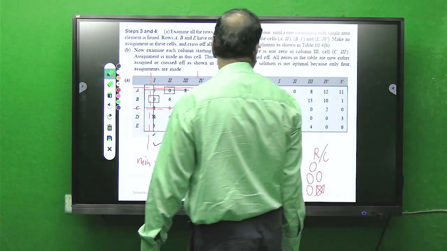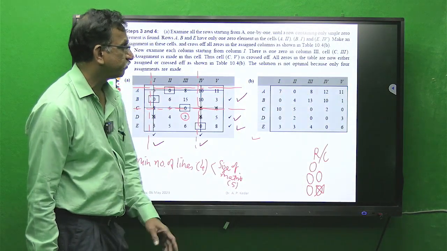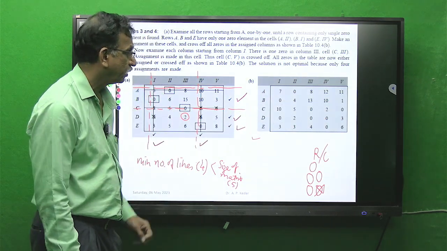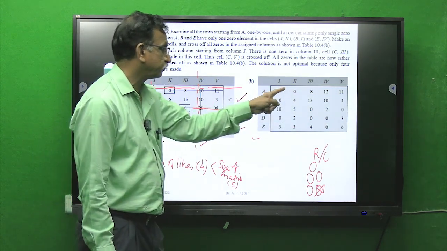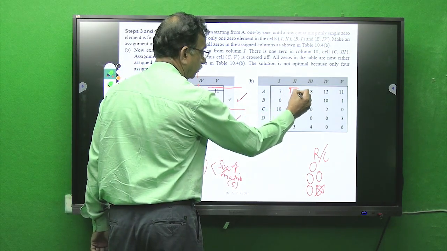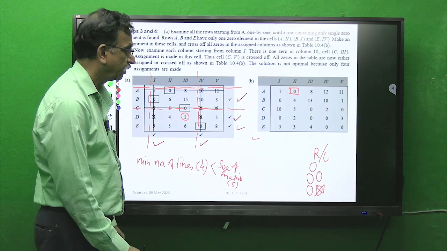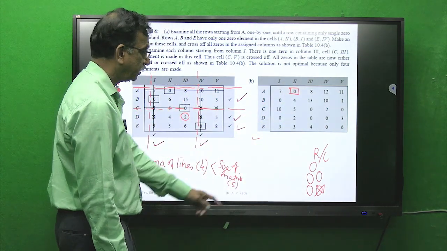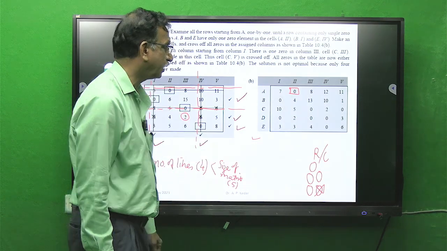And now if you see here, by this logic, this particular first column is representing. So if I allocate over here, there is no 0 to be crossed off. So my first row is done. I have done with it.